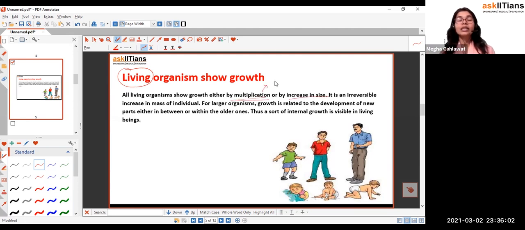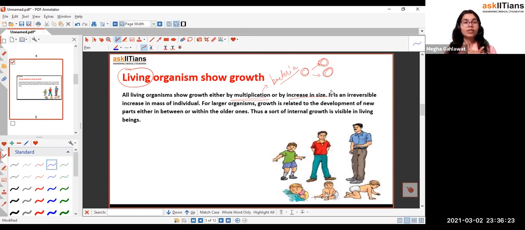Multiplication, as in the case of, let's say, bacteria or amoeba or any microscopic organism, they always divide and give rise to new microorganisms, new individuals. That is multiplication. Apart from that, growth in organisms is a kind of permanent change in your body.